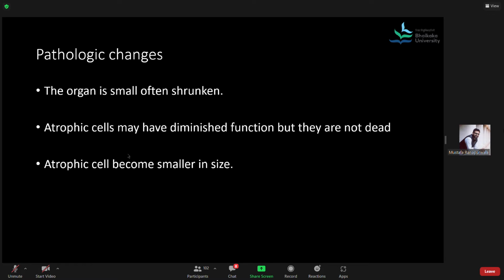Okay. When we talk about atrophy, as I've already mentioned, the organ becomes small and shrunken, right? The atrophic cells will have diminished function and they have become smaller in size. So this diminished function can be picked up by different biochemical tests, like when you don't have enough TSH, your thyroid production of T3 and T4 will decrease.